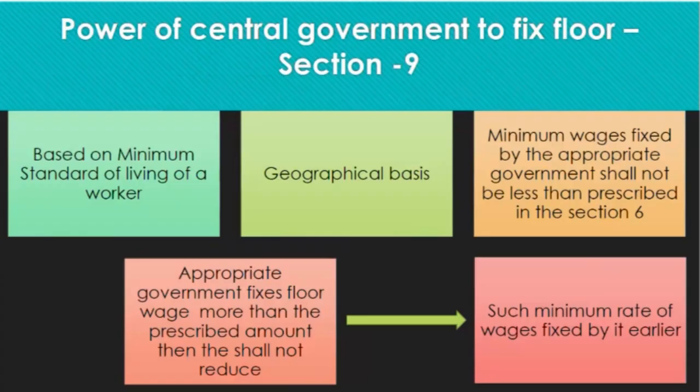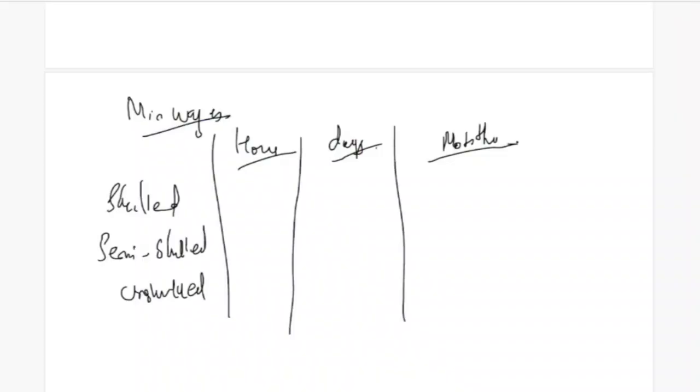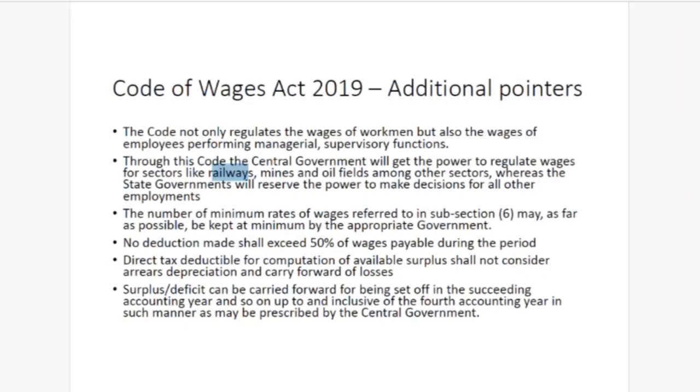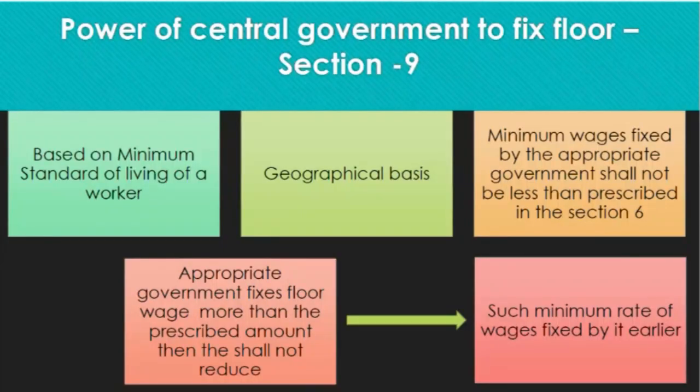Next we have, what is the power of central government. The state government fixes the minimum wages for most of the categories of the industrial sector and service sector, except for mines, oil fields and railway. Now the central government has the power to fix floor wages.